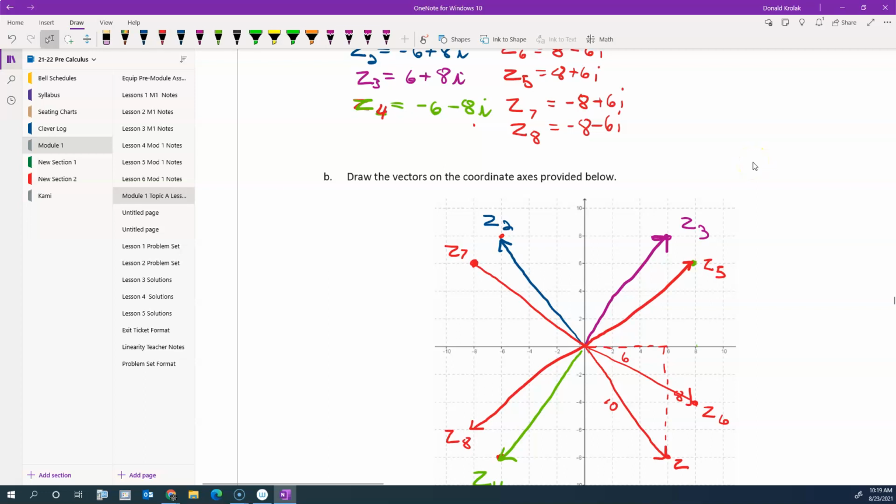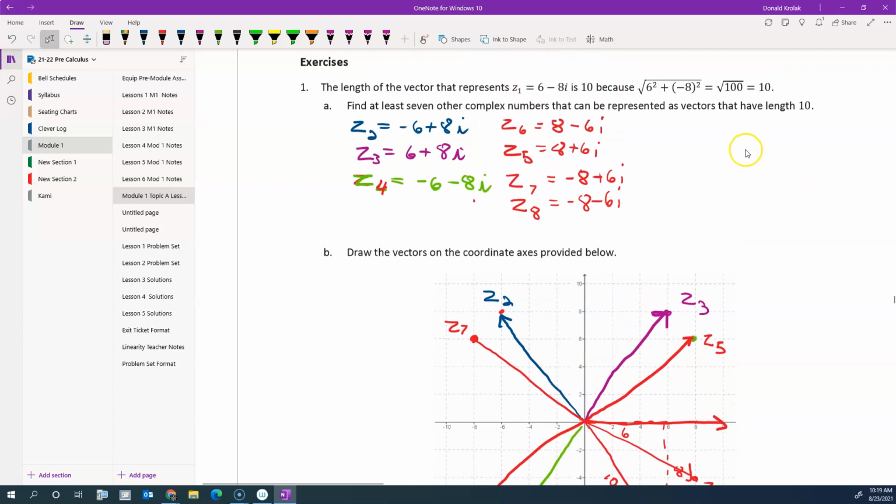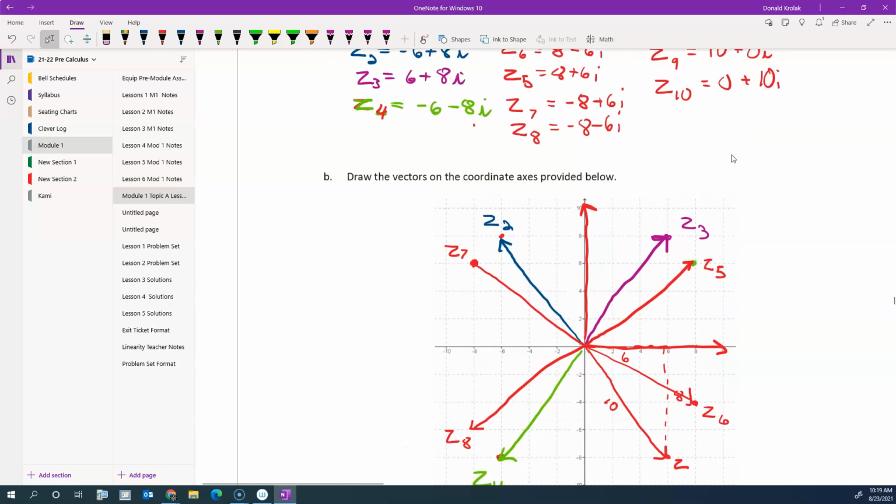Yep, 10 plus 0i. Yep, 10, because you could always write that as 10 plus 0i. And then you'd have 0 plus 10i, and so on.